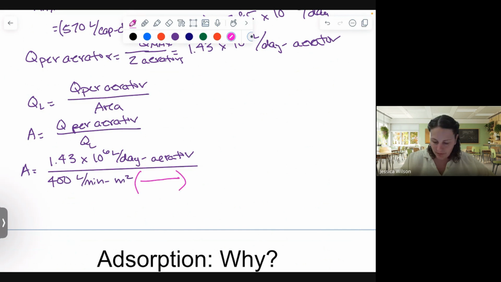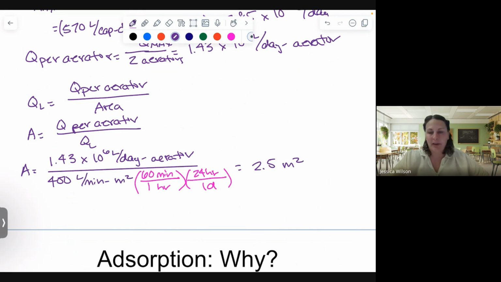We've got 60 minutes per hour, and then 24 hours per day, which takes care of that, which gives us a total area of 2.5 square meters.